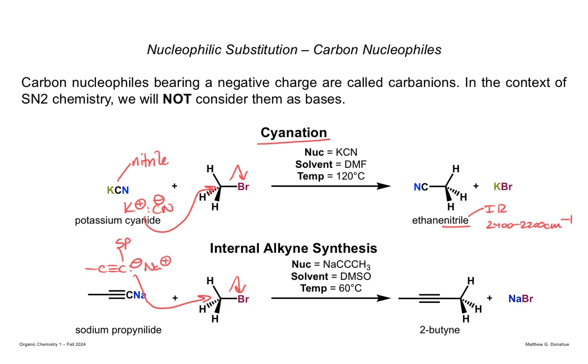You'd end up with 4, and so that molecule would be now 2-butyne. So those are 2 ways to get carbon into a molecule. In Organic 2, we'll learn about other ways, but you need to go through many more modules before we learn those reagents.